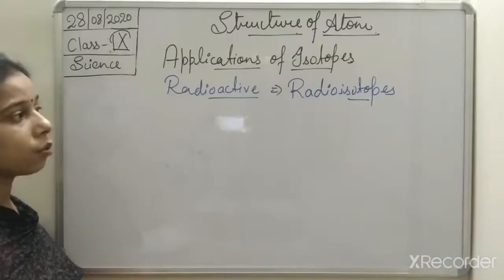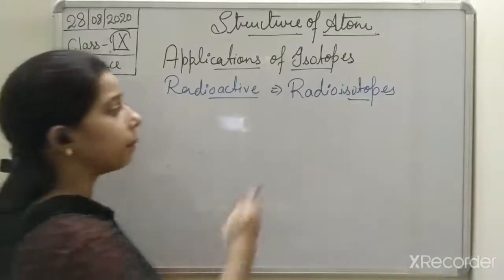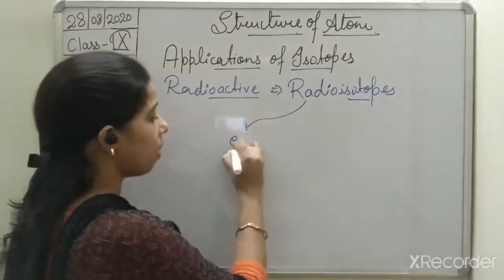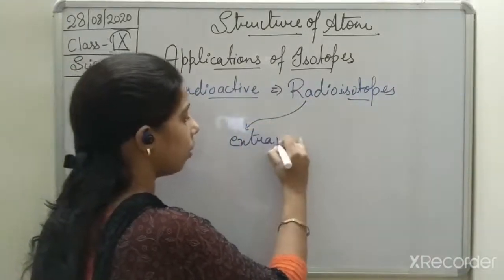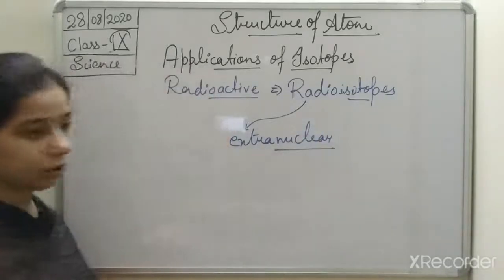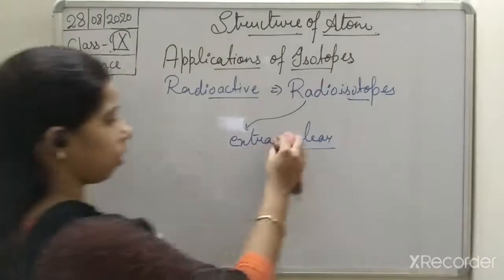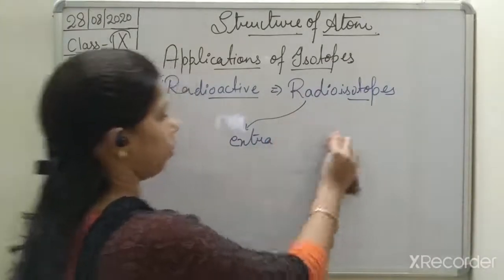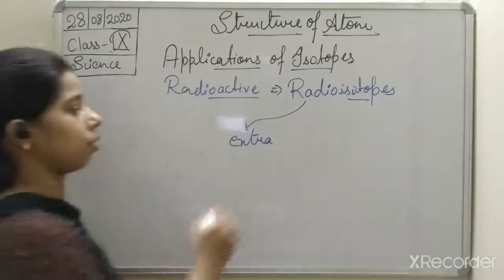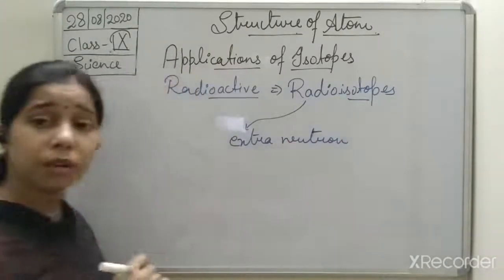Now you see here, students, what is a radioisotope? Radioisotopes basically consist of an extra neutron.